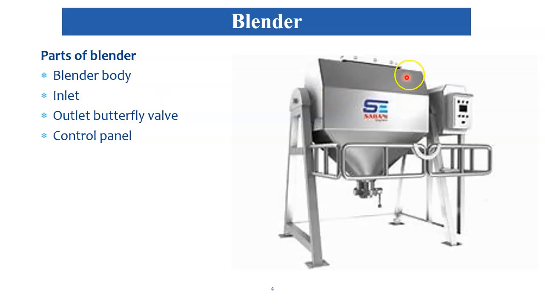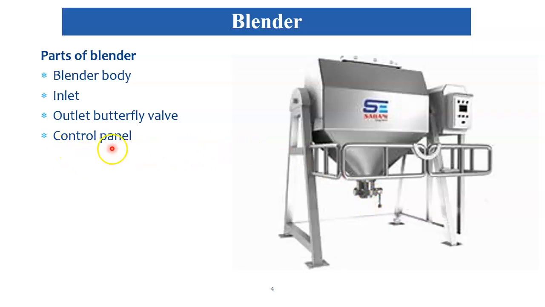Then inlet. Here is a inlet at the top of blender through which material or granules are loaded into the blender body. Then outlet butterfly valve. At the bottom, here is a outlet butterfly valve through which the material are unloaded from the blender body.